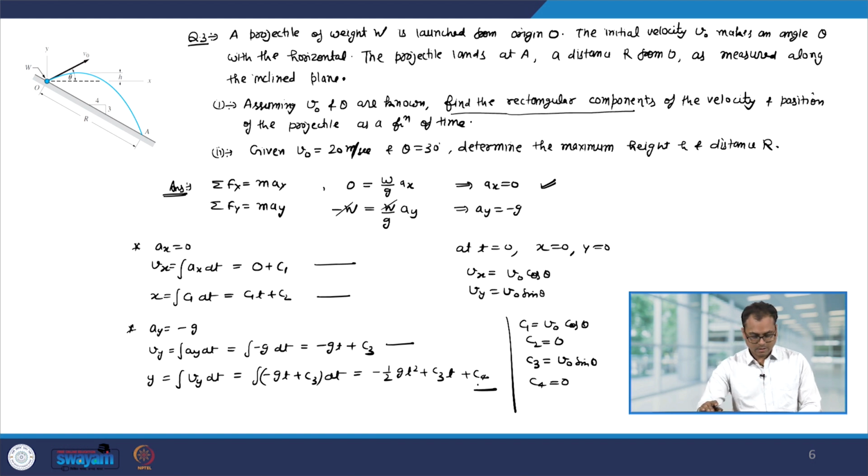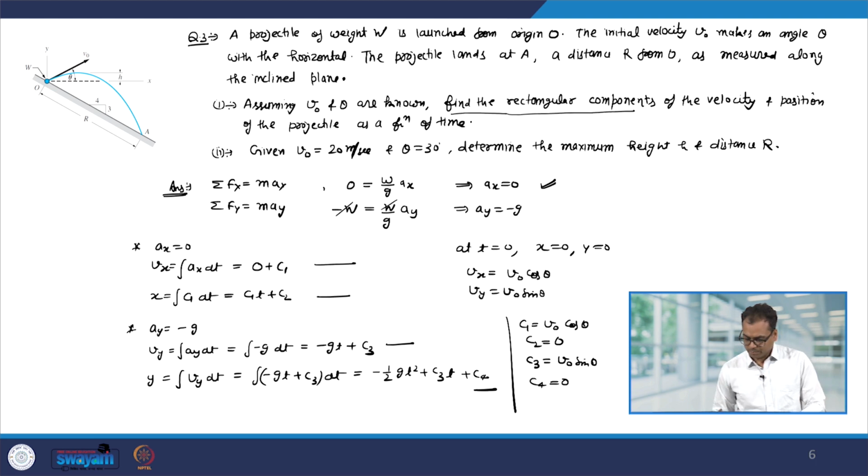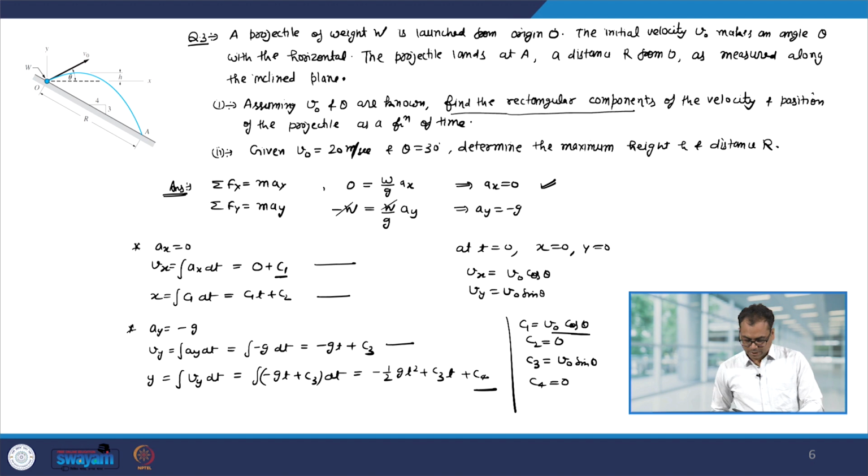Let us put in these equations. So, we get Vx equal to V naught cos theta, because Vx was C1 and C1 was V naught cos theta, and x comes out to be V naught cos theta into t. Let us look at Vy.